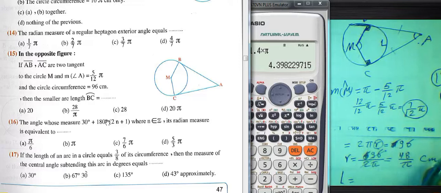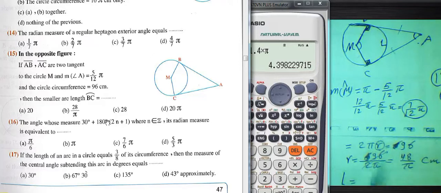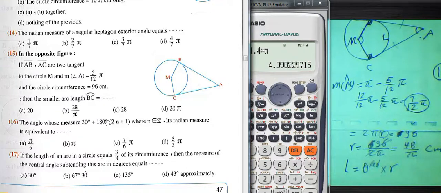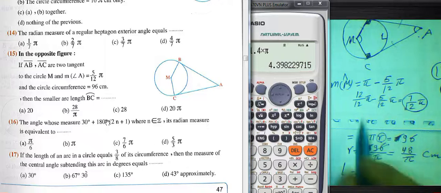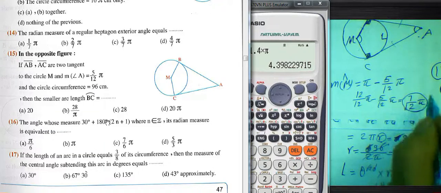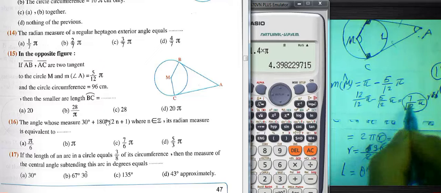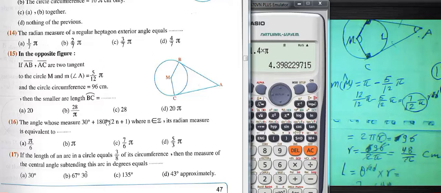The length equals theta in radians multiplied by the radius. The radius was 48 over pi. So 48 over pi multiplied by theta in radians, which is 7 over 12 pi.